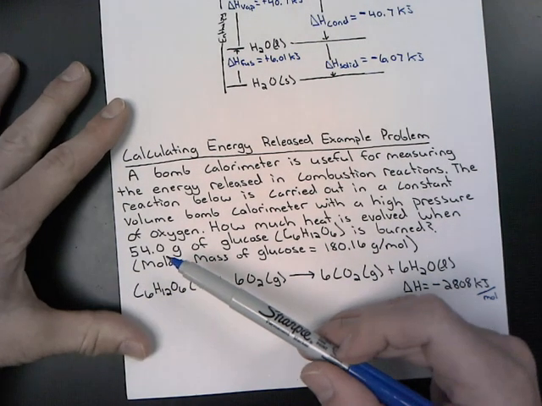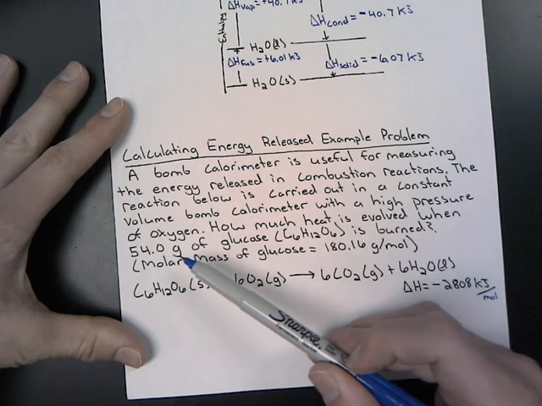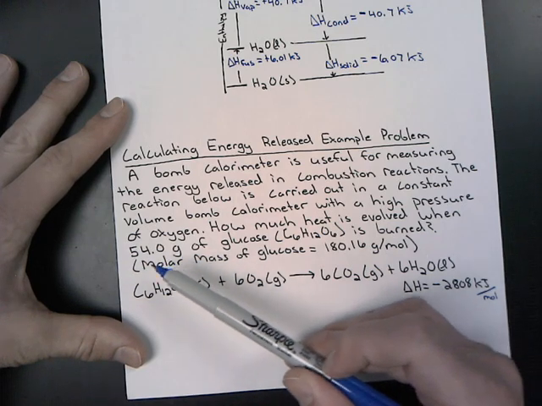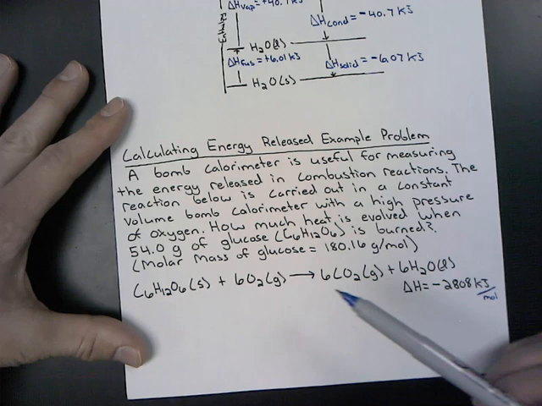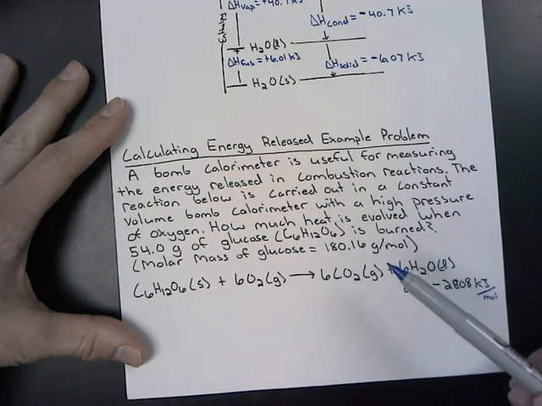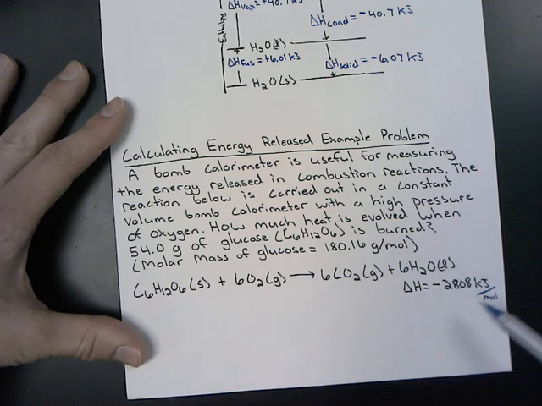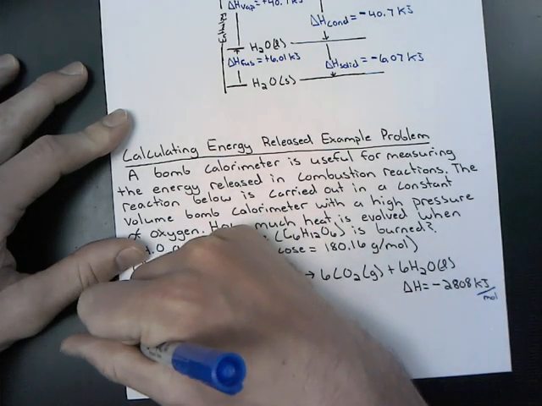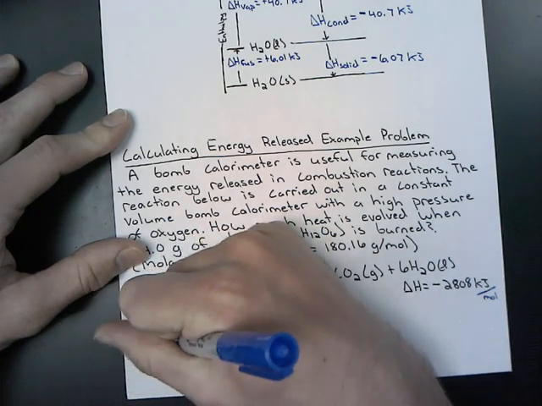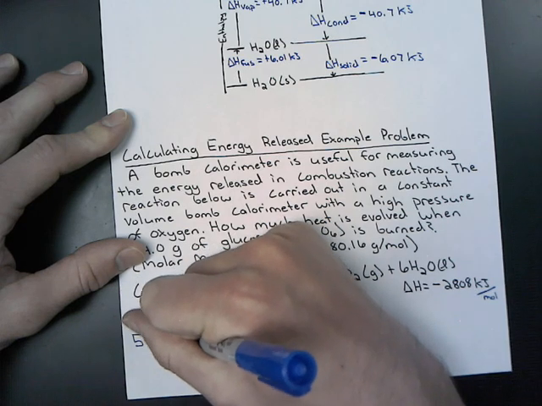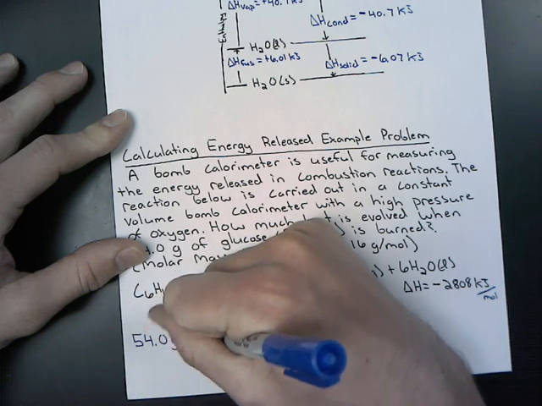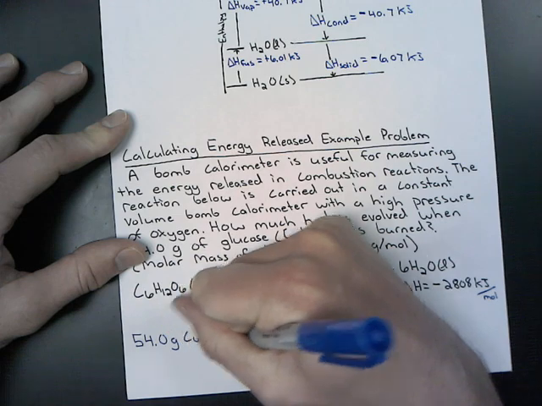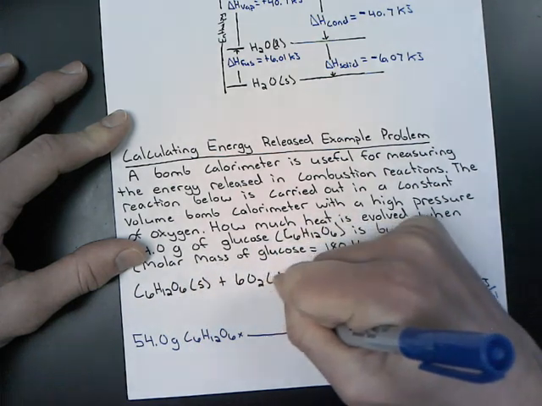So what we need to do is this. We need to take our amount in grams of glucose, and we first need to convert it to moles. And that comes back to this process right here. So we have 54 grams of glucose, and we convert it to moles.